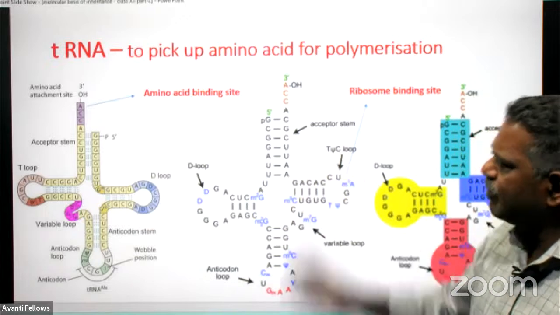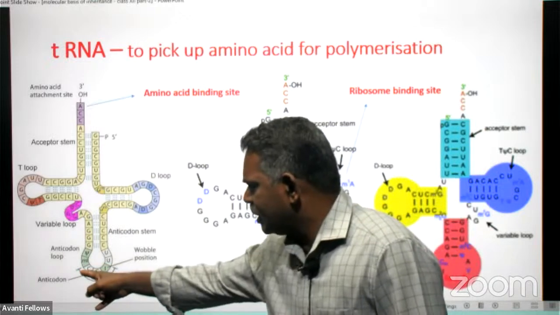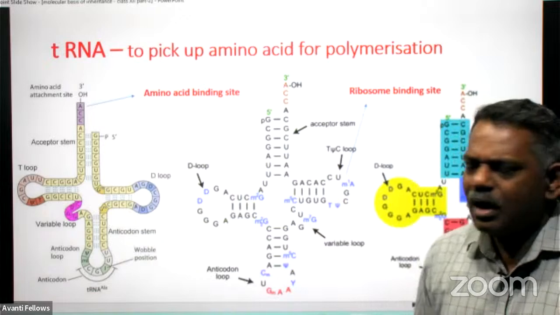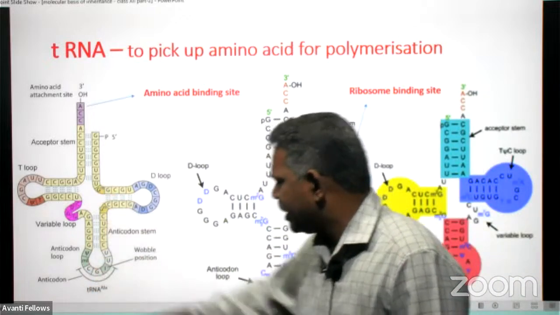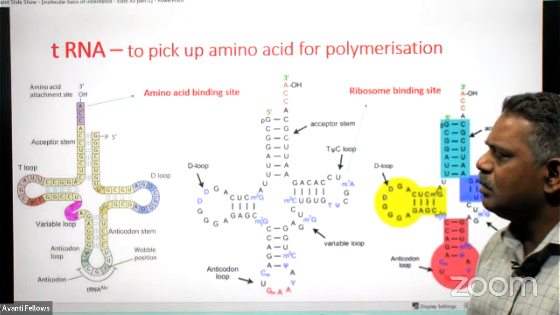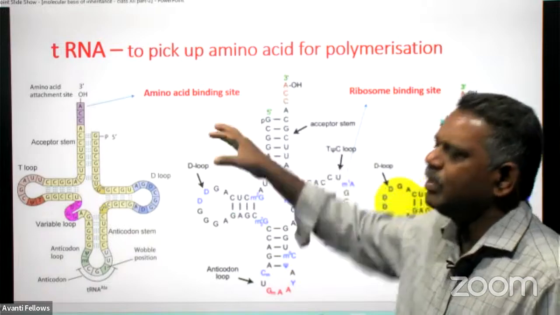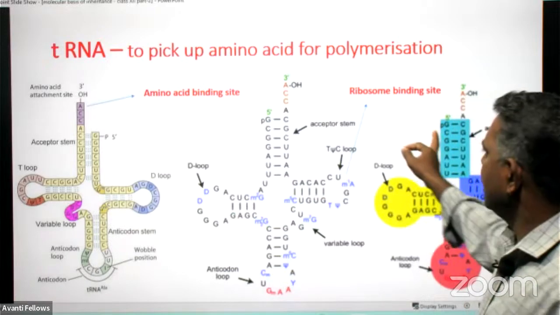The difference among these tRNAs is only the sequence of nitrogenous bases in the anticodon, and based on the anticodon sequence in the anticodon loop, it is determined what type of amino acid is carried by this tRNA, right?